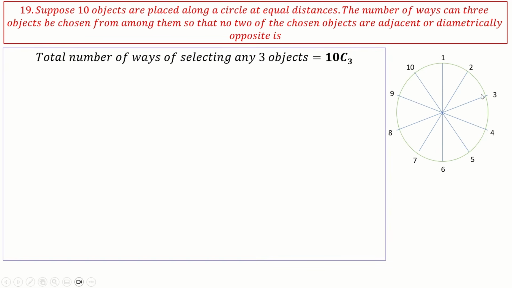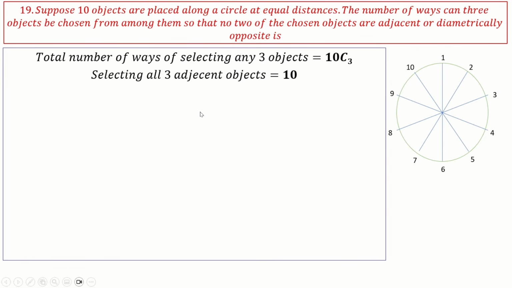I have 1, 2, 3; 2, 3, 4; 3, 4, 5; and so on up to 10, 1, 2, which is basically 10, because each one starts from 1 to 10. So 10 possibilities are there where all 3 are adjacent.